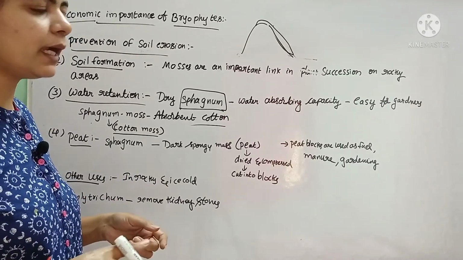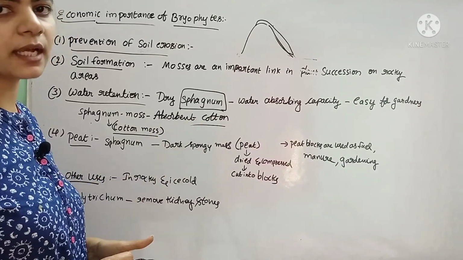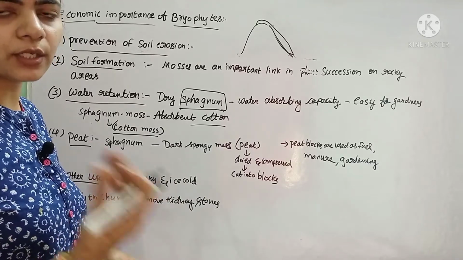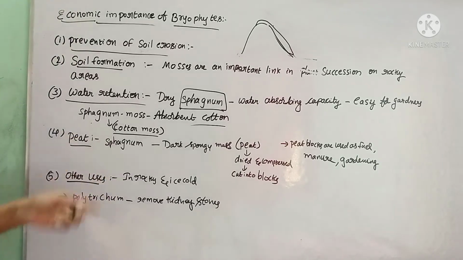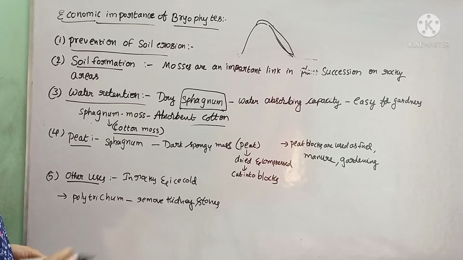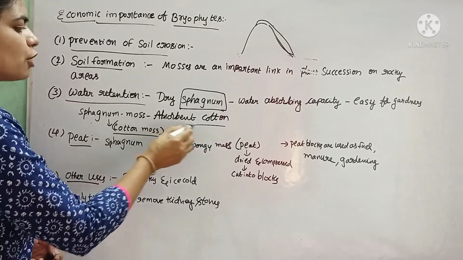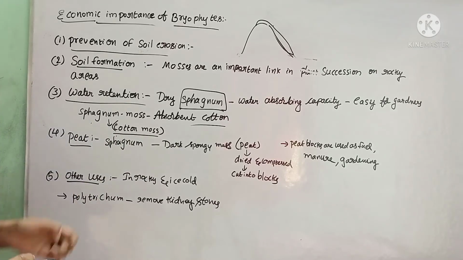This moss was covered around the root system of the plants to keep them healthy without drying, for easy transport. And sphagnum is called cotton moss because the dried mass of sphagnum has a high absorbing capacity. It was used as absorbent cotton during surgeries, for wounds, in olden times, before absorbent cotton came.